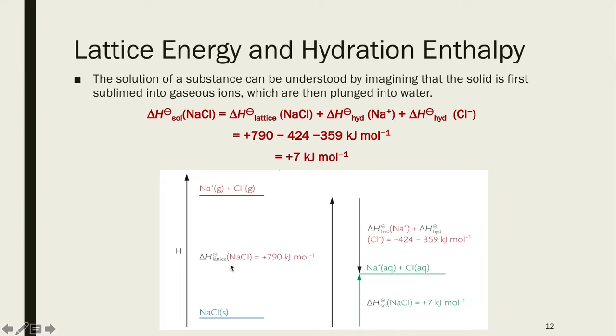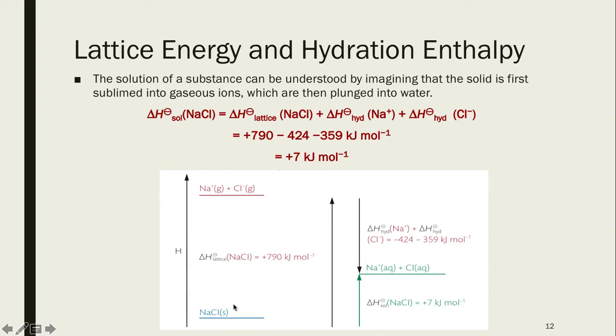That is the definition, taking a solid ionic compound and bringing it into its gaseous ions. Well, those gaseous ions, as we can see in the upper left, are then plunged into water and they become aqueous. That is our hydration enthalpies. Those are the two values on the right-hand side. They are both negative, so that's an exothermic process, so we see our arrow going down.